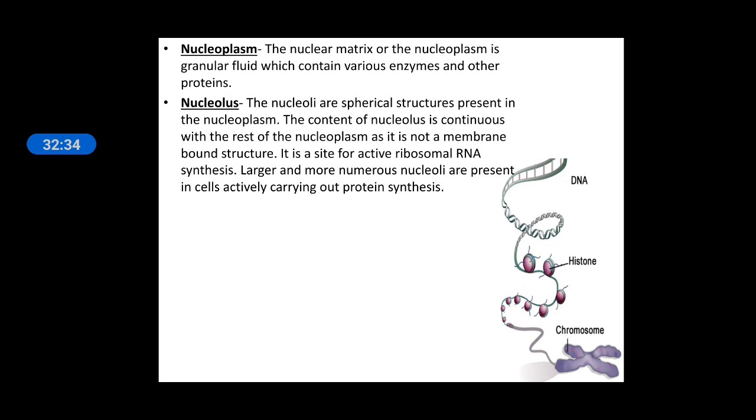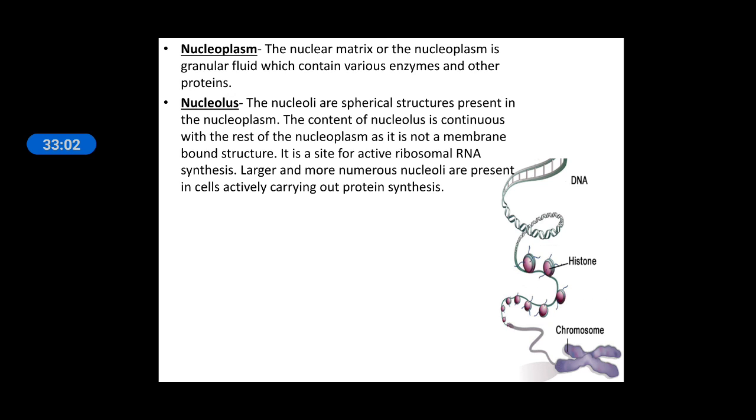The nucleolus is the site for active ribosomal RNA synthesis. RNA is of three types: tRNA, mRNA and rRNA. So rRNA is produced in the nucleolus. Larger and more numerous nucleoli are present in cells actively carrying out protein synthesis.